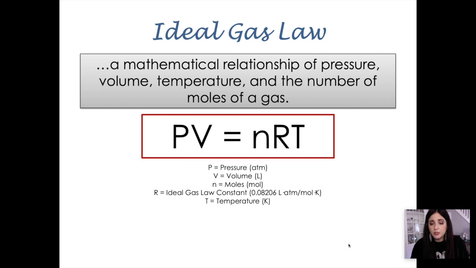Or that's PV equals nRT. And what we can do is derive other equations from the ideal gas law and solve for the density of a gas and also solve for the molar mass of a gas. I'm going to pull up a whiteboard here to show you how we can derive new equations from the ideal gas law.